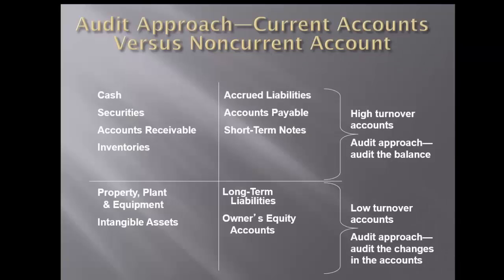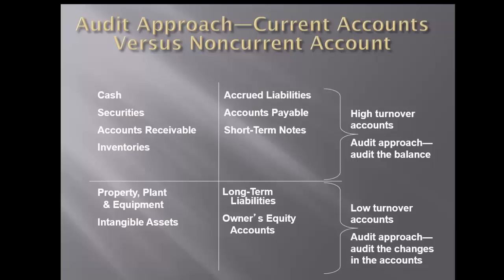So let's continue on here. What we're looking at is just a comparison of current versus non-current assets. In the current assets that we've talked about, accounts receivable, we'll talk a little bit about accounts payable later today, these are transactions and account balances that have a high turnover.